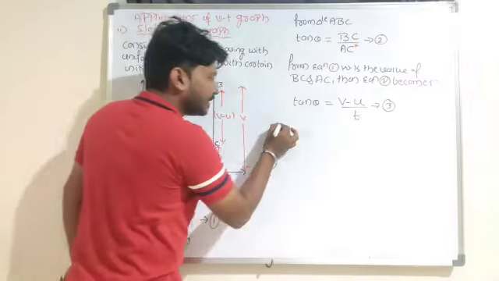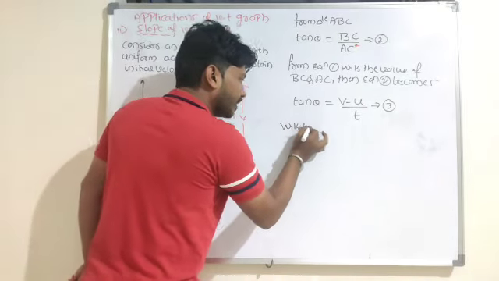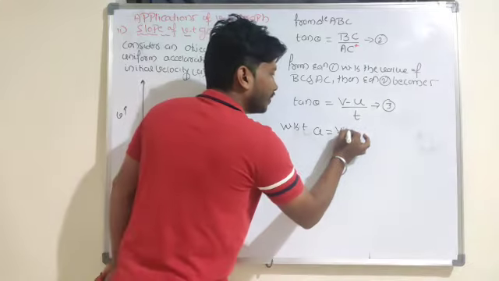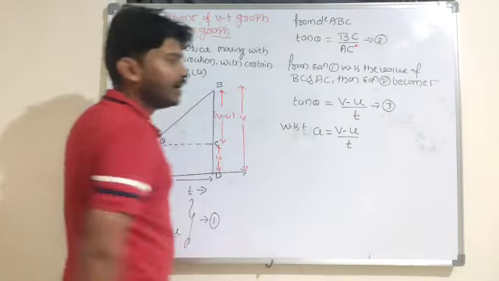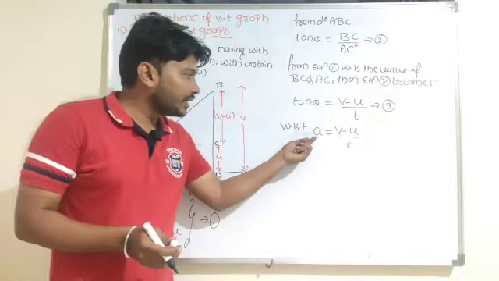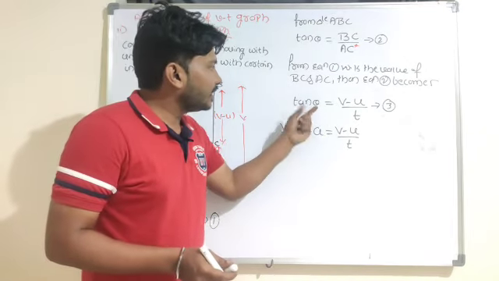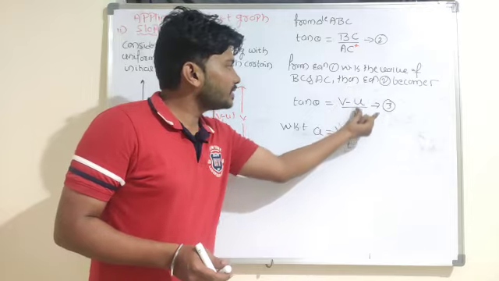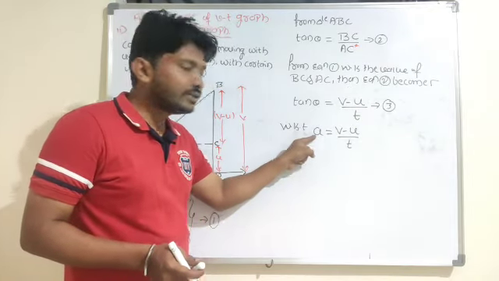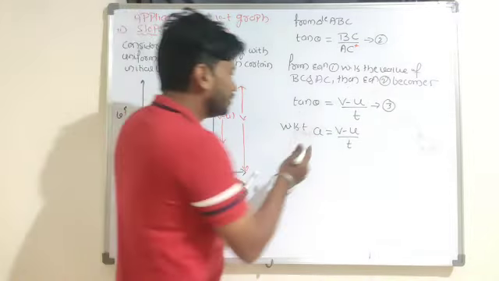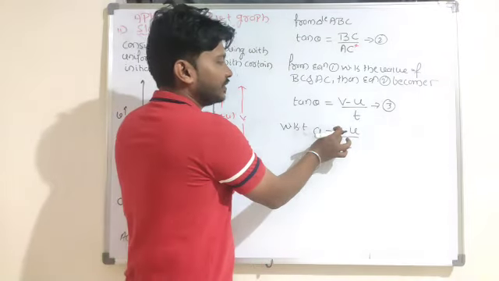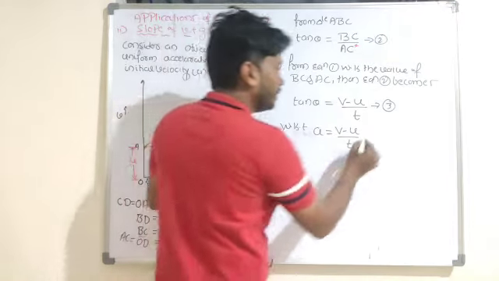From this, we know that acceleration is equal to v minus u divided by t.